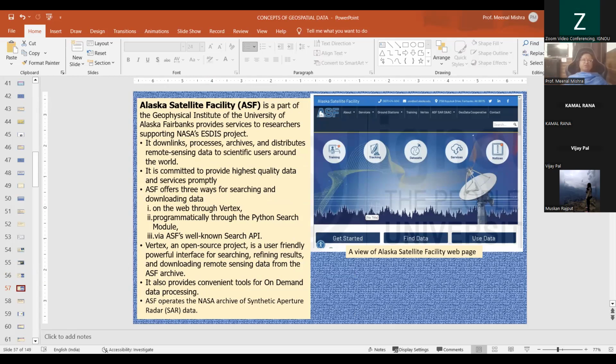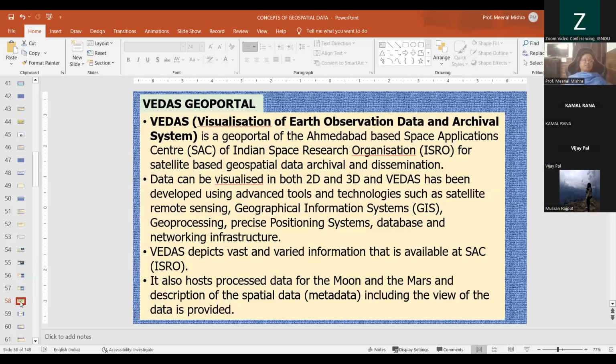It downlinks, processes and archives, and also distributes remote sensing data to scientific users, and it is dedicatedly committed to providing the highest quality data. And then next is the Vedas Geoportal. What is this Vedas Geoportal?